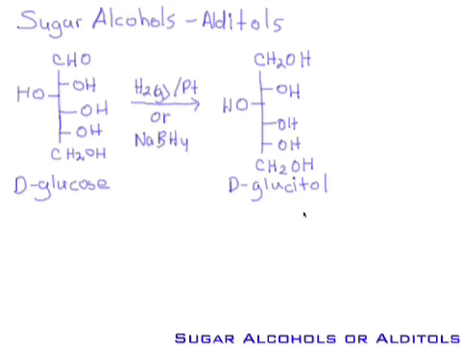Now, D-glucitol has a common name, sorbitol. Sorbitol is found in cataracts. If we use mannose and make D-mannitol, that's used as a medium in biological materials. And D-glyceraldehyde can be reduced to glycerol, which is a key component in fat and many lipids.